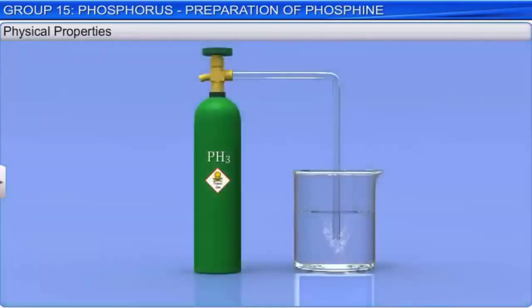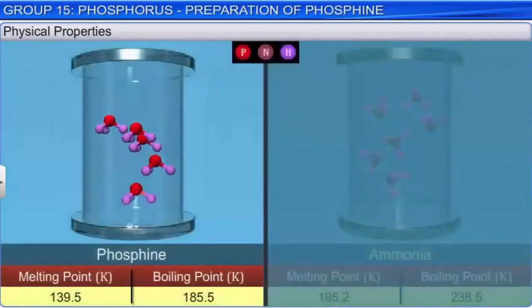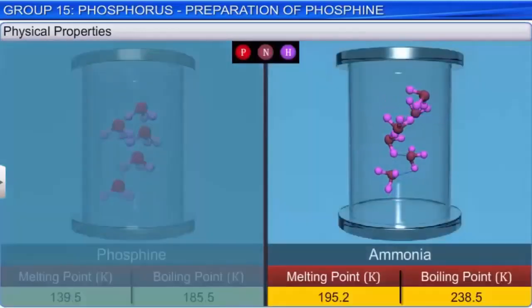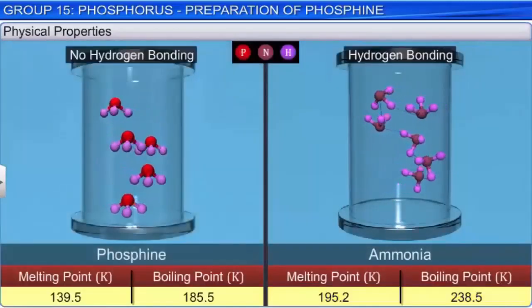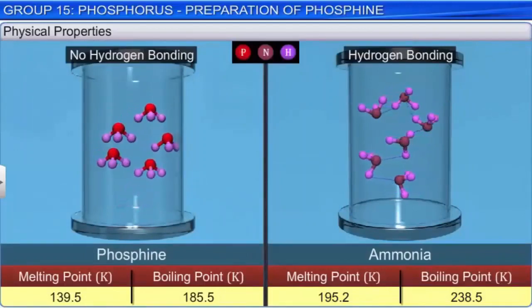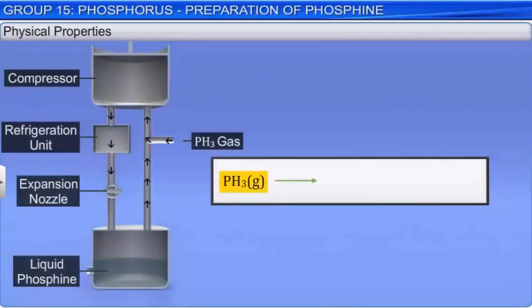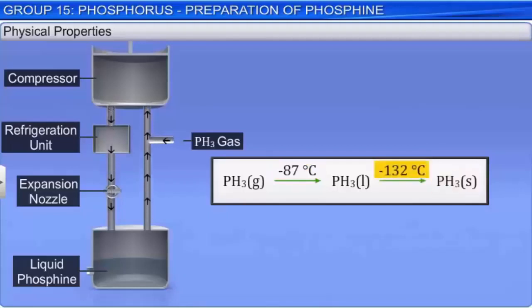It is more soluble in carbon disulfide and other organic solvents. The melting and boiling points of phosphine are much less than that of ammonia due to the absence of hydrogen bonding. It condenses to a colorless liquid at -87 degrees Celsius and freezes at -132 degrees Celsius.